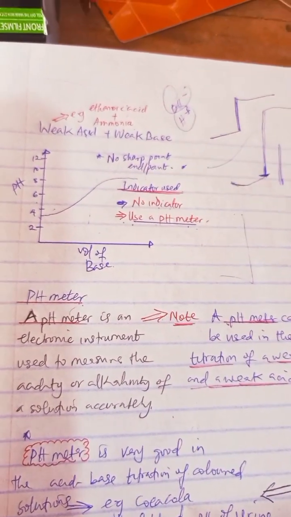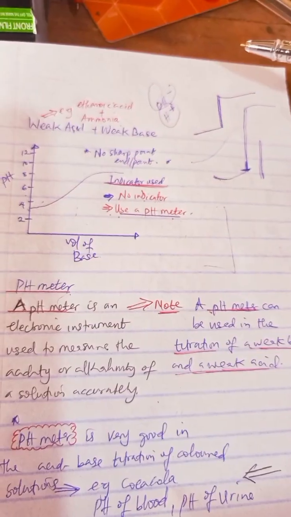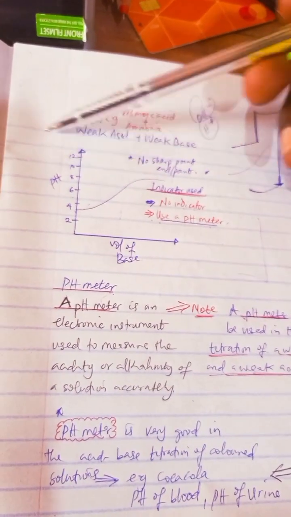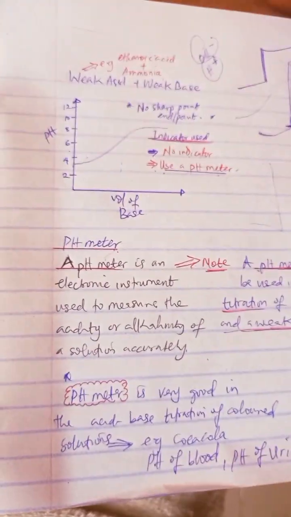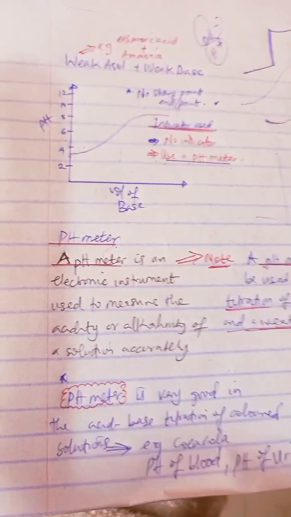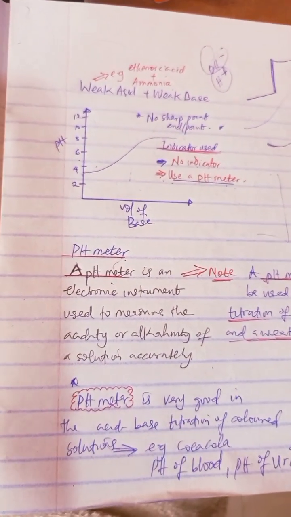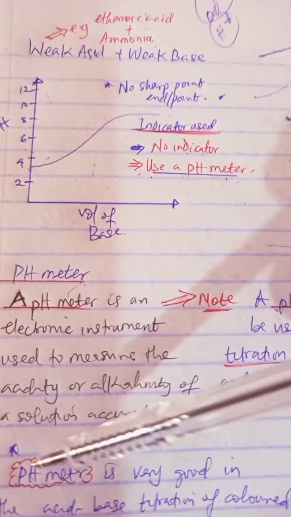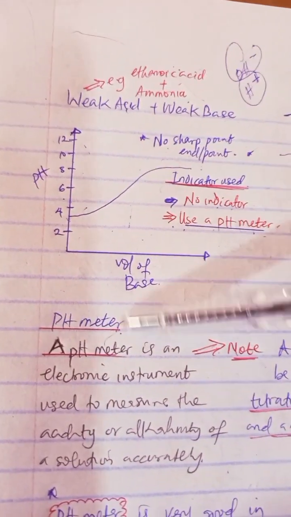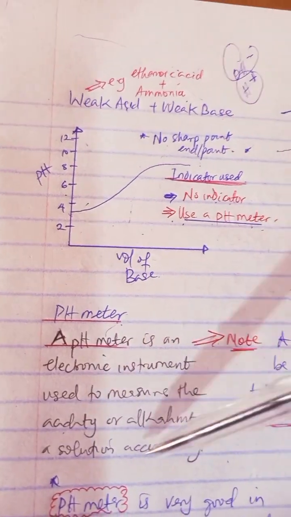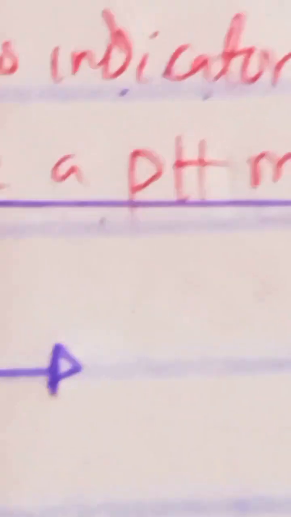You cannot easily see the color change, unlike a solution that is already pink in color. If you add something like methyl orange, it will give you pink, but because the solution is already pink, you cannot know the change that will occur. So a pH meter is better, because it's electronic in nature and used to measure acidity or alkalinity of a solution accurately. So keep that in mind.